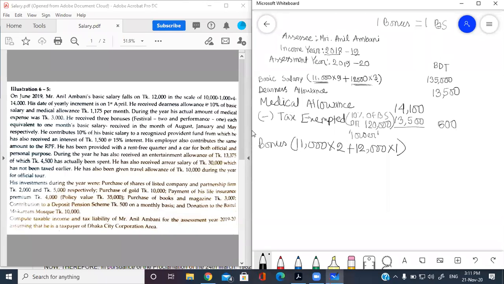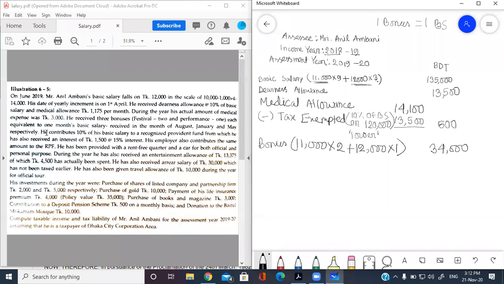In that case, we need to write that the total bonus taxable is 34,000, regardless of your employer. Total amount of bonus is taxable. There is no kind of exemption. Have you got the calculation? Yes, sir. Okay, thanks.